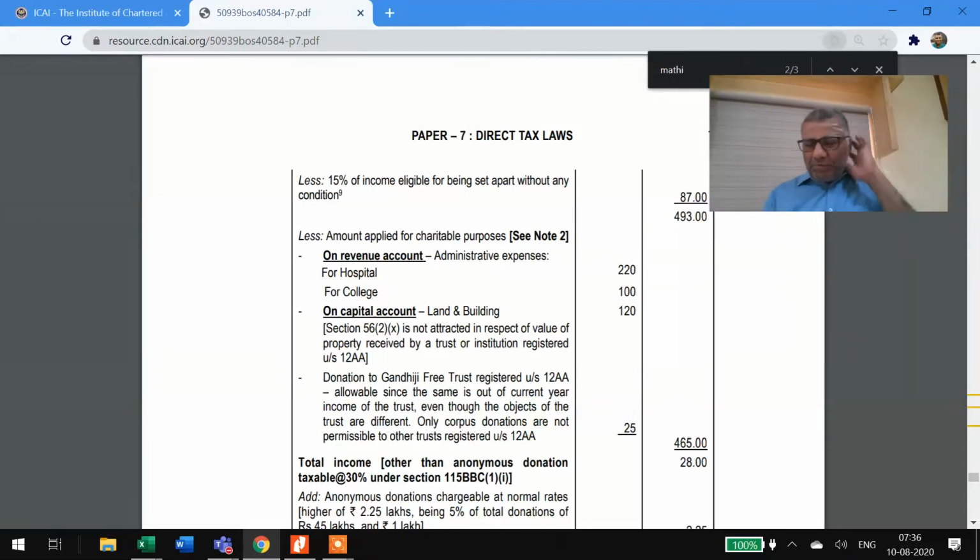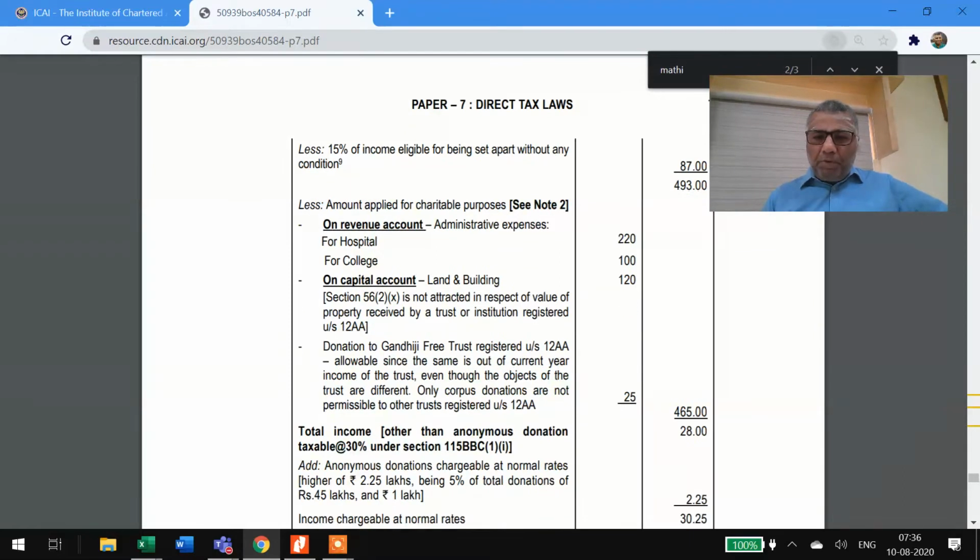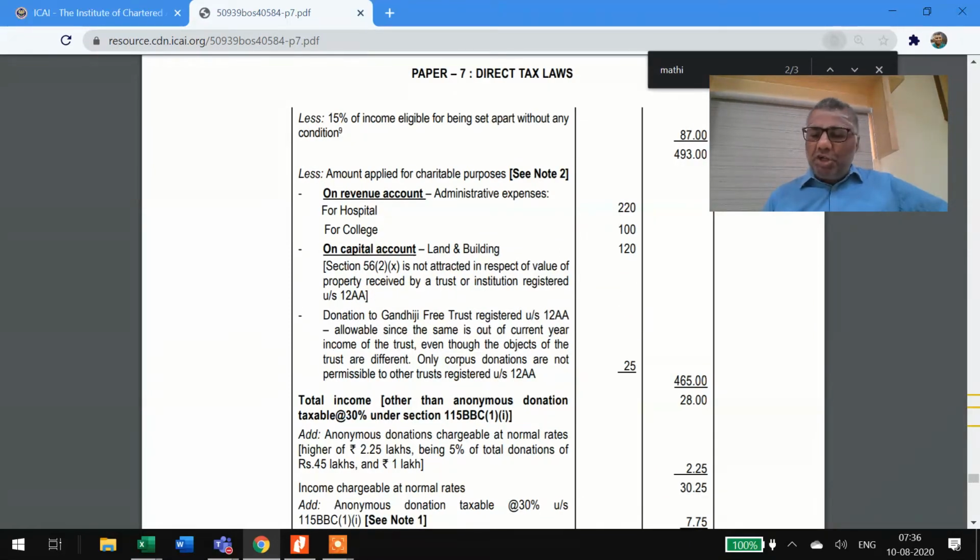The main question is whether section 56 applies, because I have purchased it at a price lesser than the fair market value, but we all know 56 is not applicable for a charitable trust, so it will not appear. That is, the gift provision for inadequate consideration will not apply. Donation to another trust is allowable since the same is out of current year income even though the objects of the trust are different.